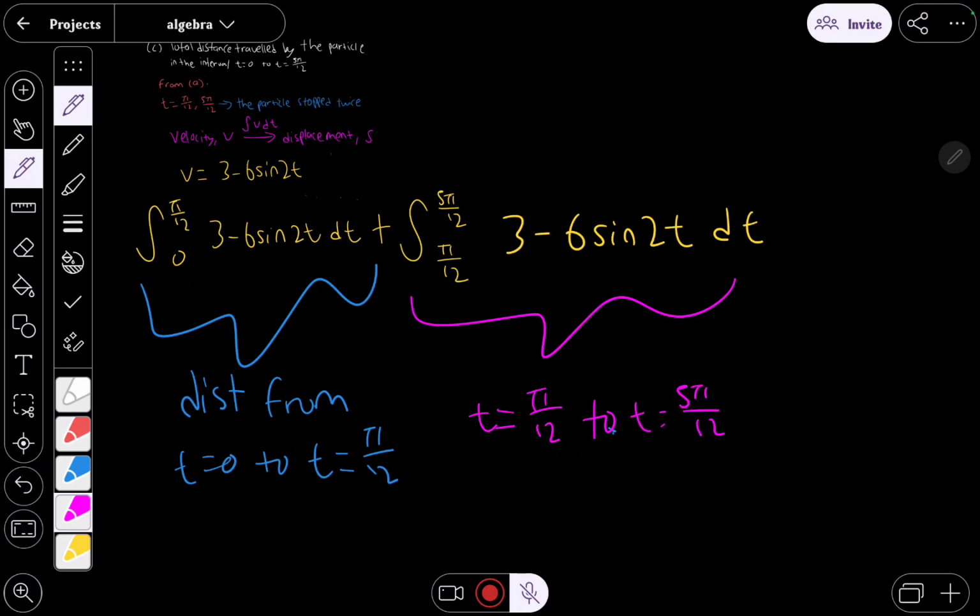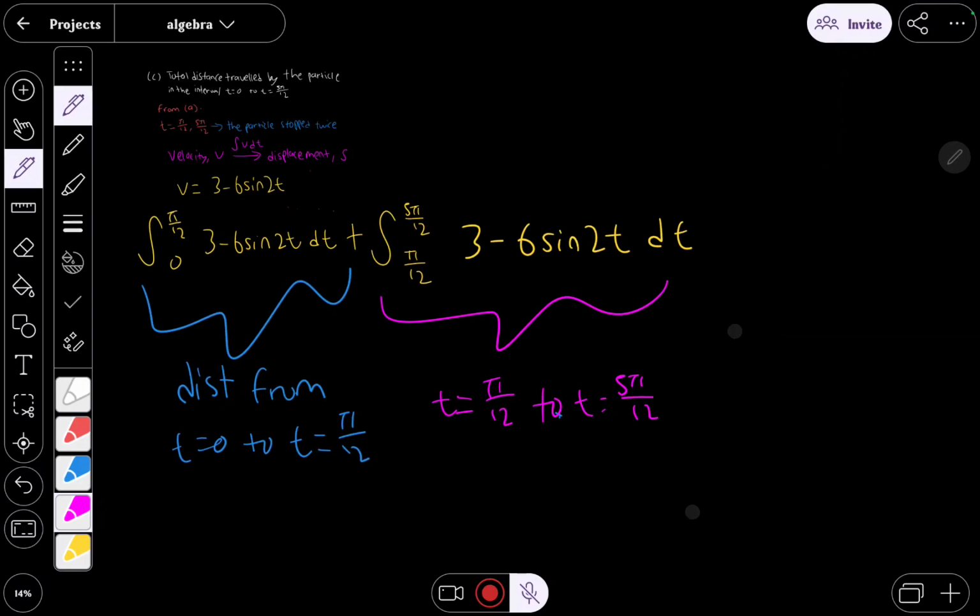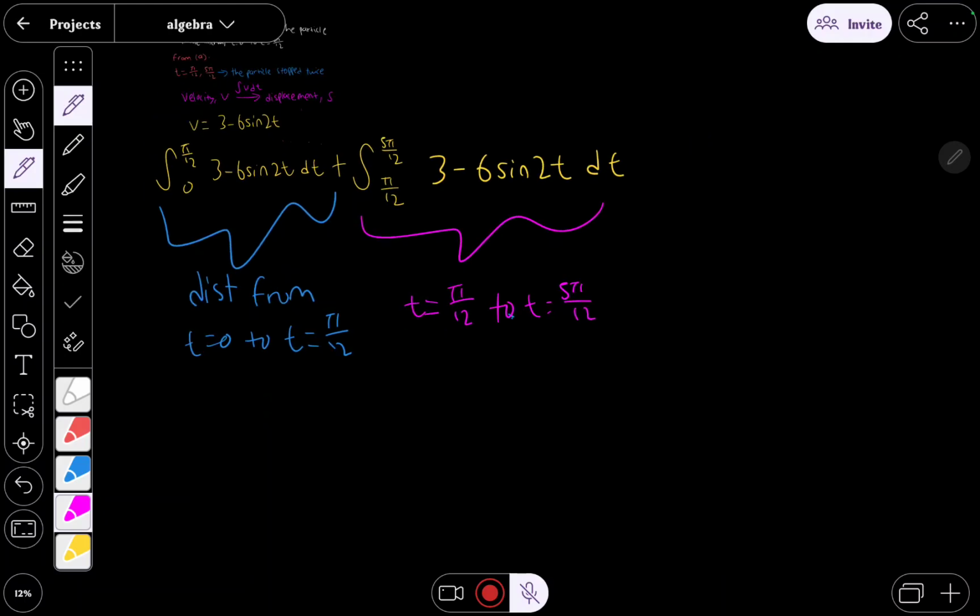Why? They say that the particle stops 2 times, correct? So this is how you get the distance via the integration method. You can also draw it, but personally the integration method is faster if you really understand the question. So I'm going to integrate now. You integrate 3 with respect to time, you get 3t.